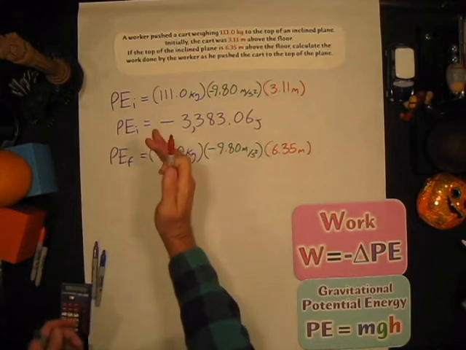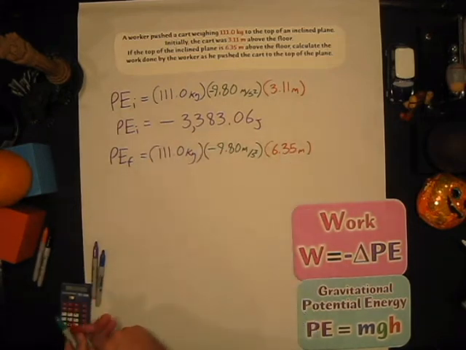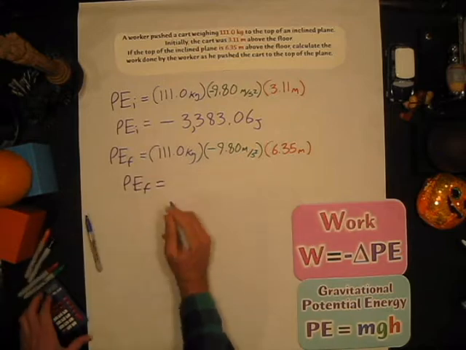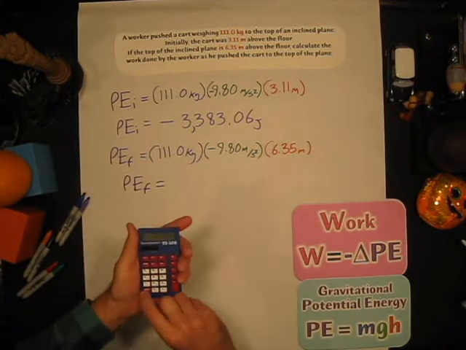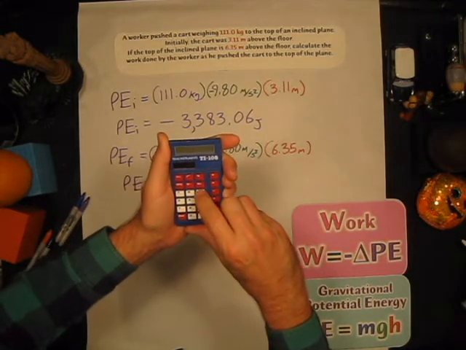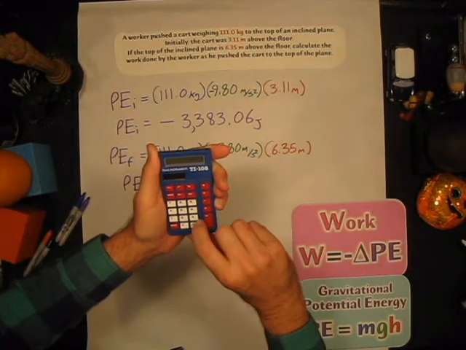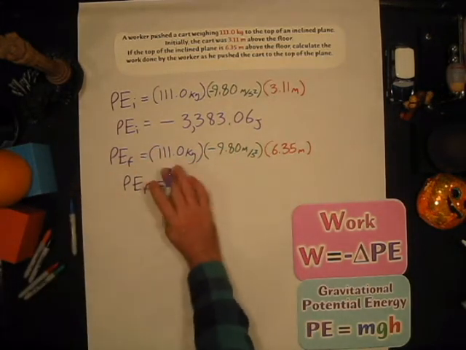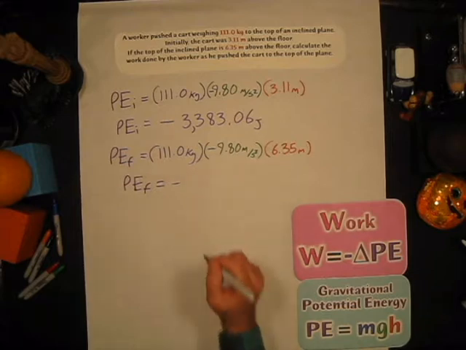So again, it's positive times a negative times a positive. We're going to get PE final equals, now let's multiply them. Again, 111 times negative 9.8 times 6.35 equals, well again, positive times negative gives me negative.